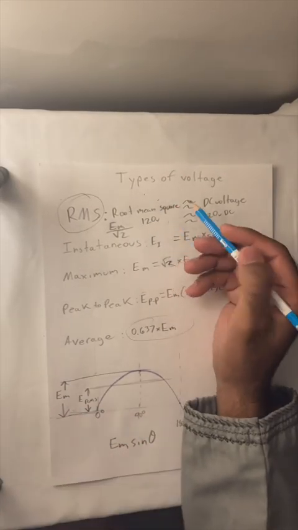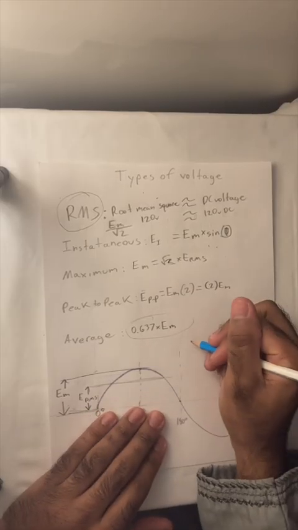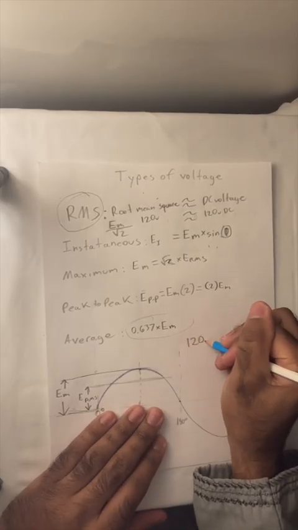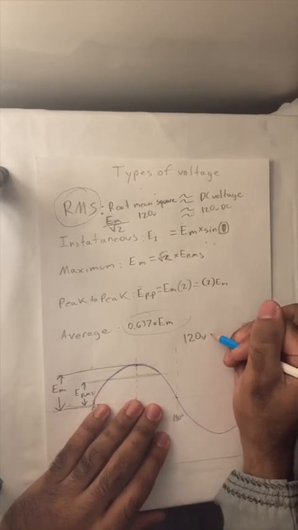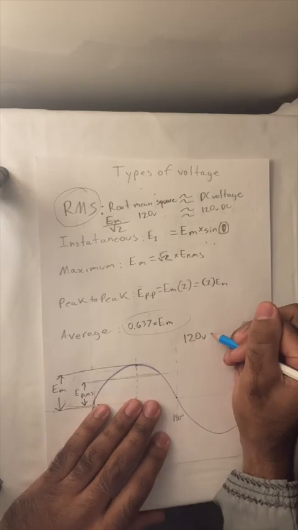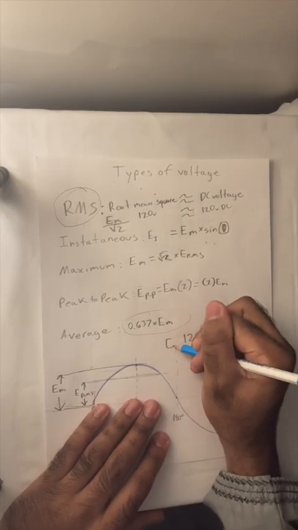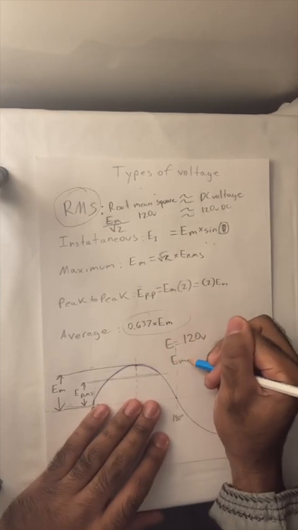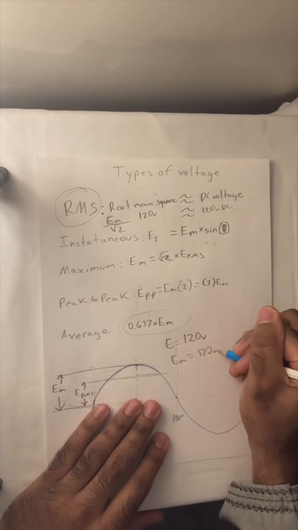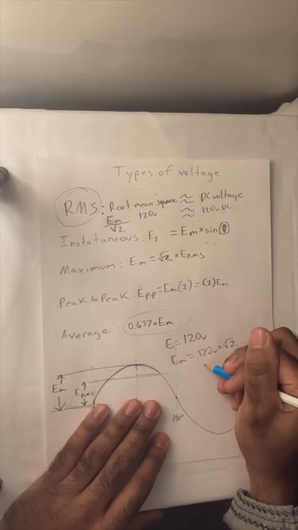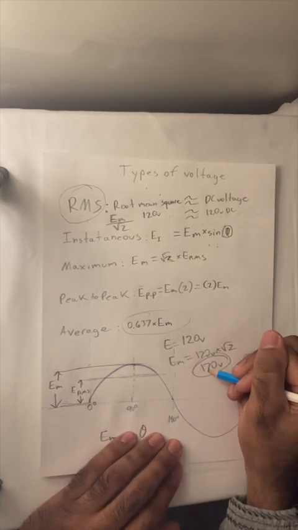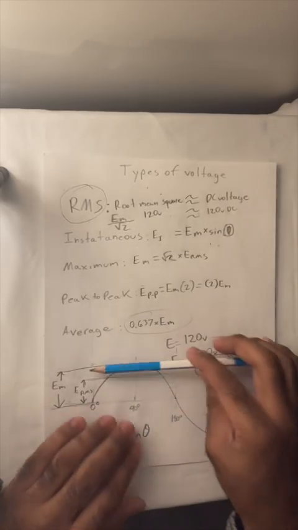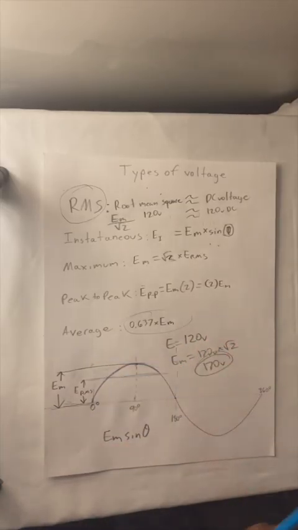So, for example, if our RMS value is 120 volts, so if E equals 120, the Em is going to be 120 times the square root of 2, which is about 170 volts. So that basically means that the E maximum will be about 70% or so more than the RMS.